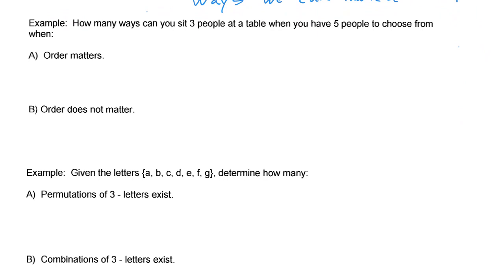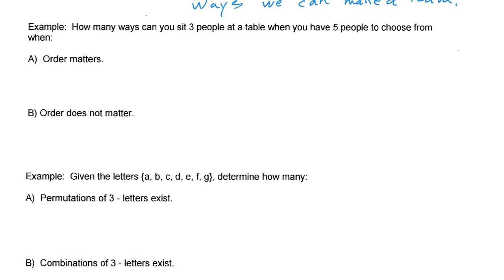If order matters, you're literally thinking like this: this box, and this box, which is basically 5 choices, 4 choices, and 3 choices, which is the same as our favorite thing, P of 5, pick 3. And if order matters, the answer is equal to 60 ways.